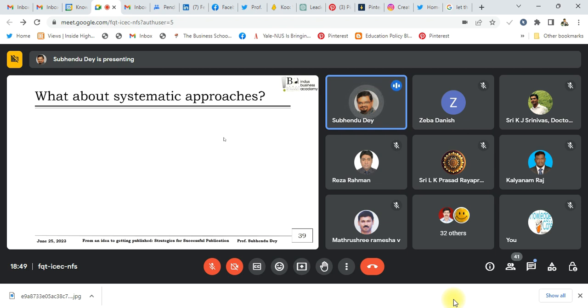Now, what are the systematic review approaches? It attempts to collate all the relevant evidence that fits into a pre-specified eligibility criteria. So you have a question, and to address the specific question, the evidence that you are collecting will fit into some pre-specified criteria.